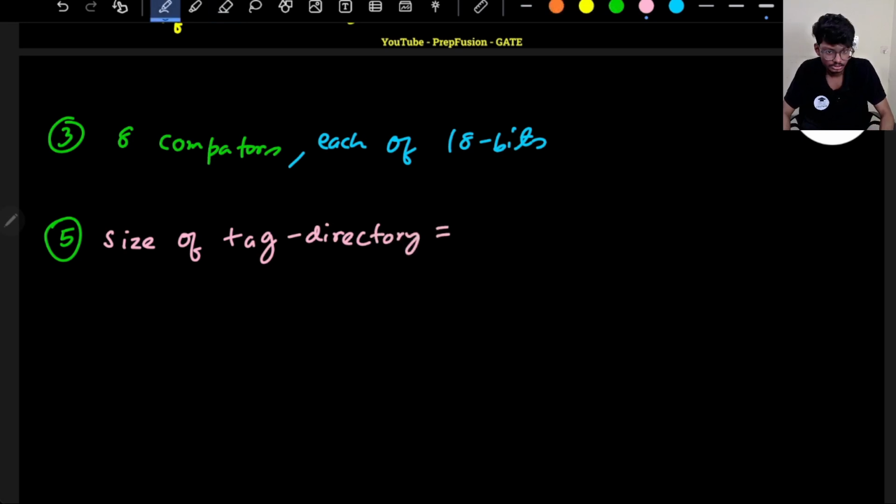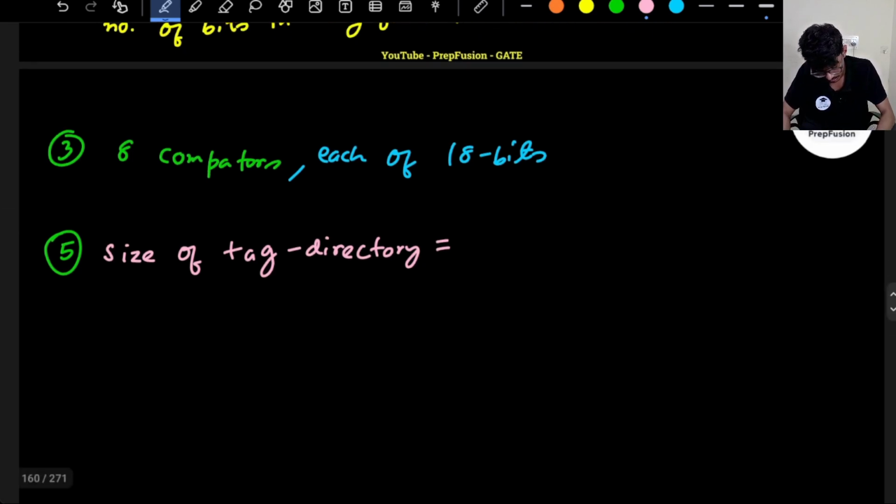Okay, so the size of the tag directory is what? The size of the tag directory is equal to, of course, the number of cache blocks.